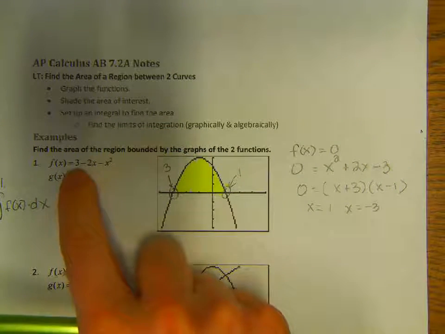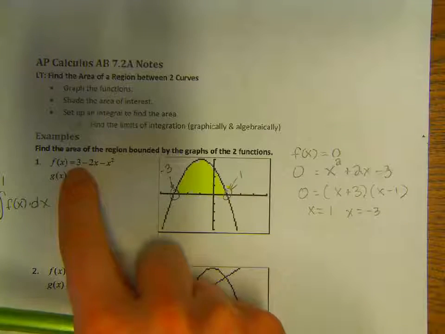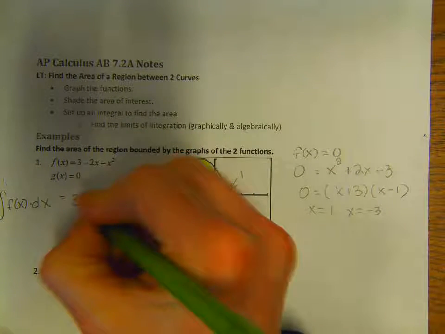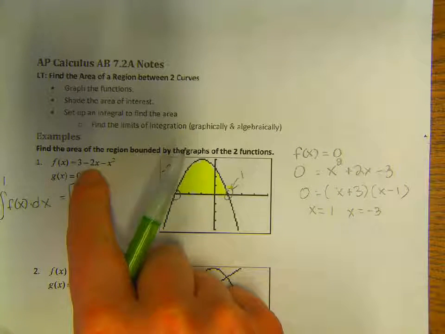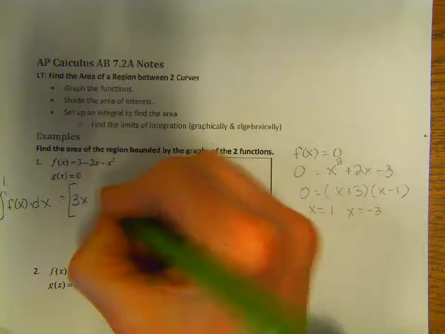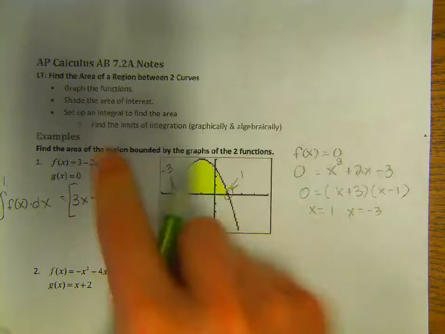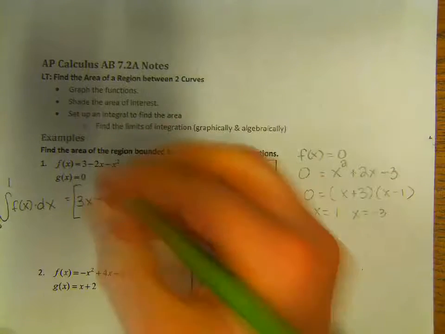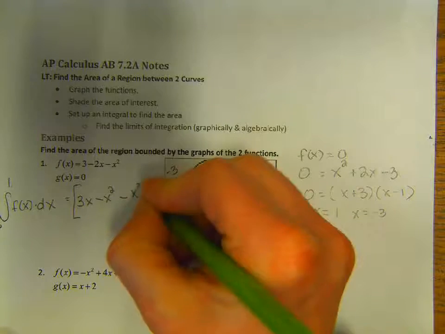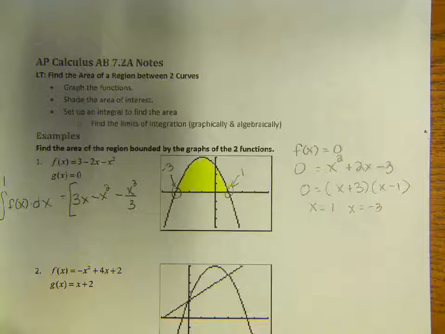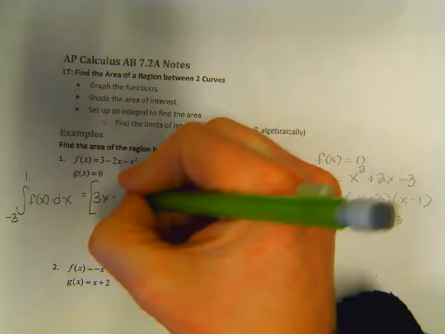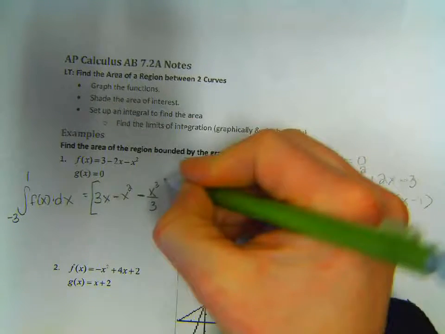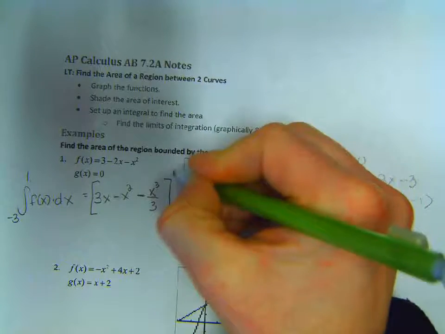What's the antiderivative of 3? 3x. What's the antiderivative of -2x? Minus x squared. And how about this? Yep, -x cubed over 3. Sorry about those weird negatives. And we're going to evaluate this from -3 to 1.